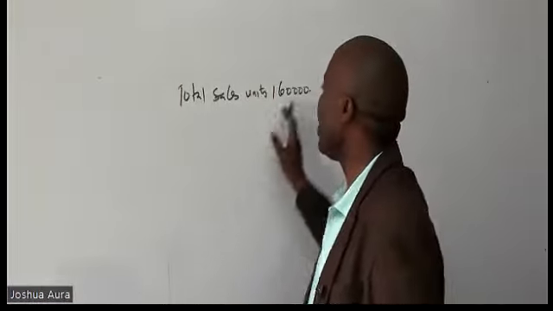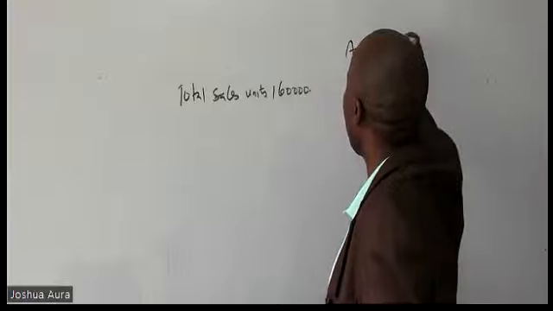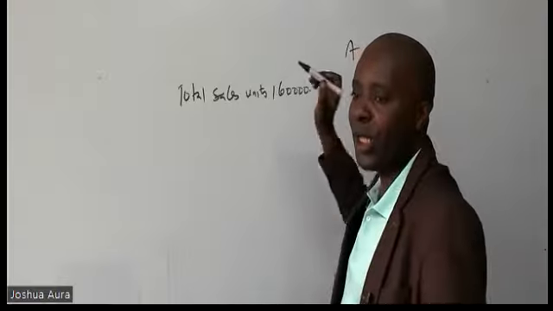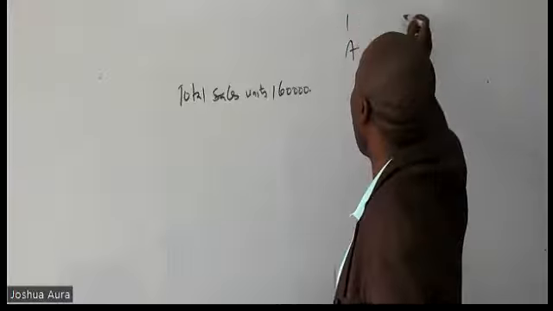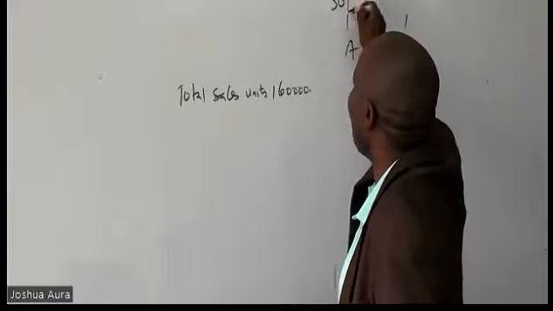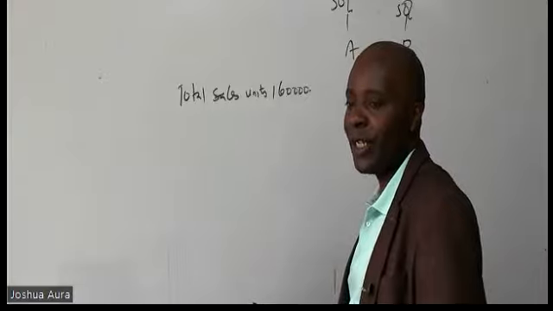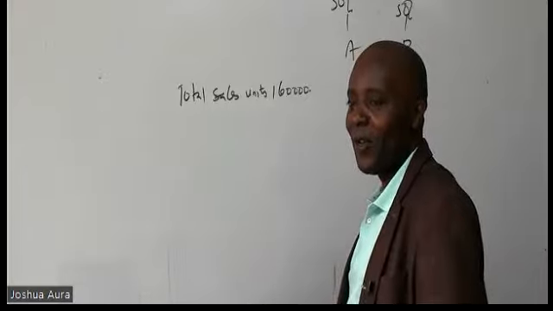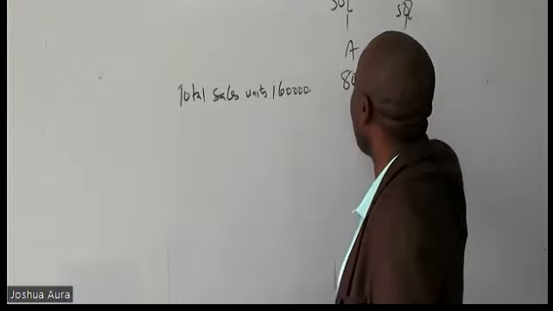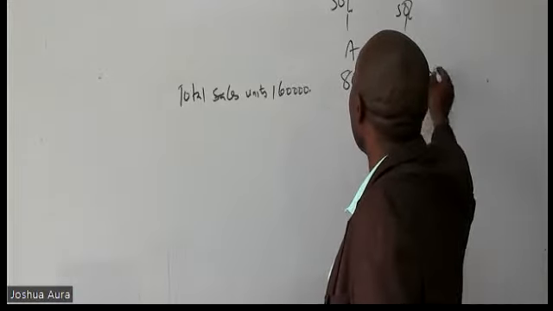So they want us to redistribute this to A and B using the new sales mix, 1:1. So 1:1 means what here? 50-50, 50%, 50%. So this will be 80,000, and this will be 80,000.